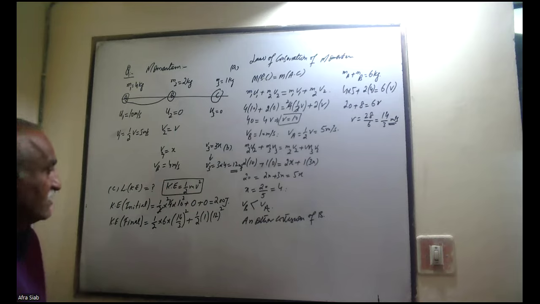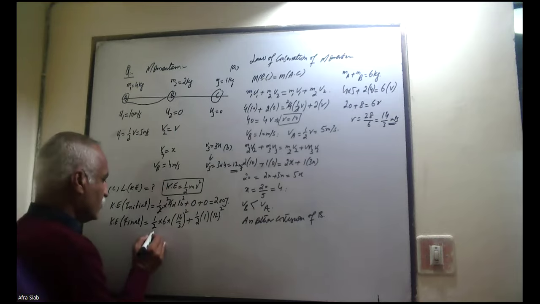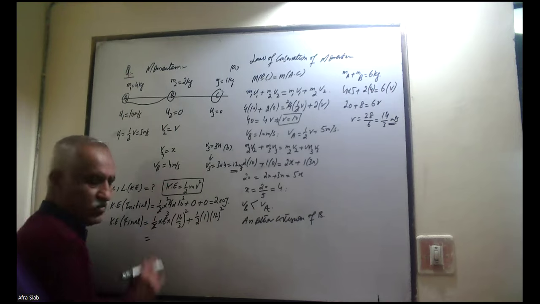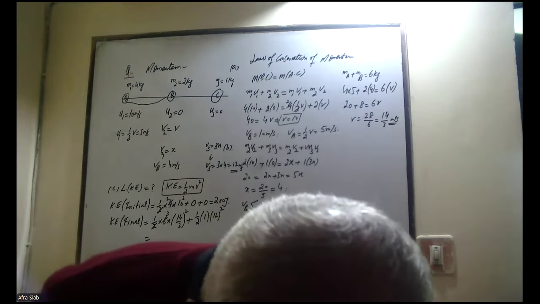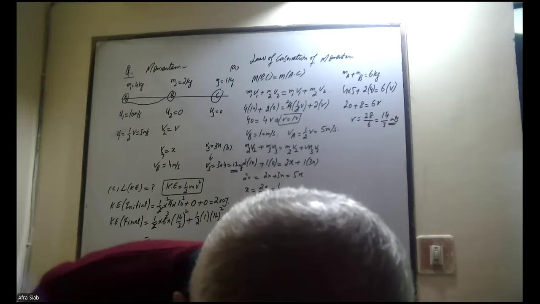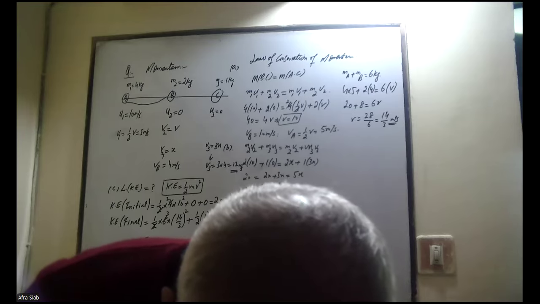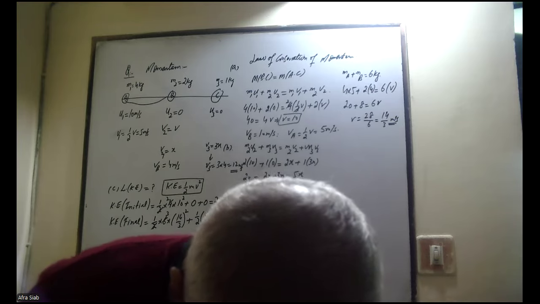So this will be equal to the whole amount, 412 over 3.